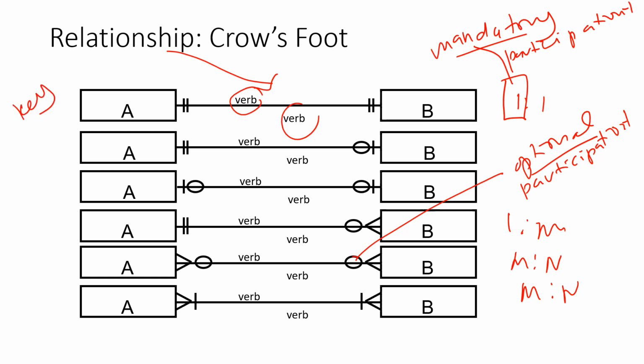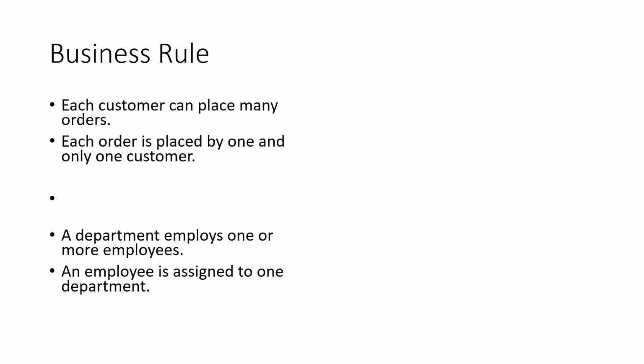So the key is known as a primary key, and it must be unique. This is the simplest way to understand the primary key. It must have the ability to uniquely identify the data. Okay, so this is a business rule.